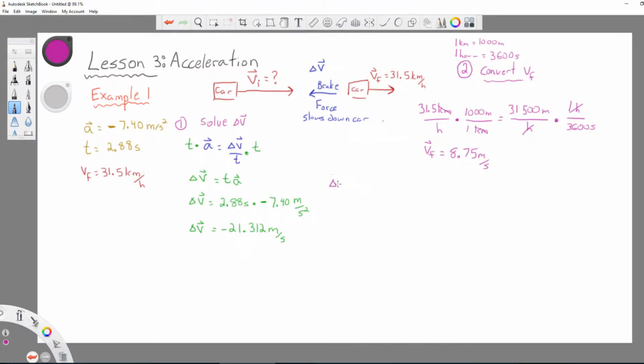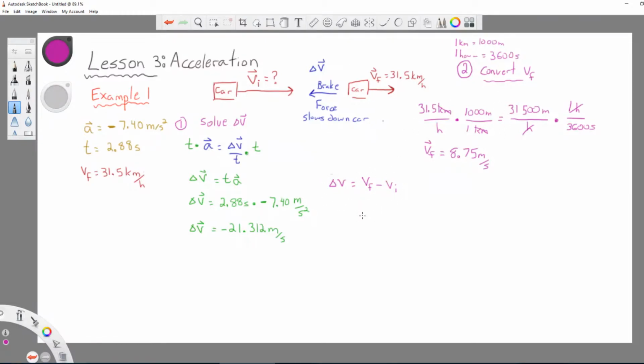Our change in velocity is equal to our velocity final minus velocity initial. Will that do it for us? That should do it for us.